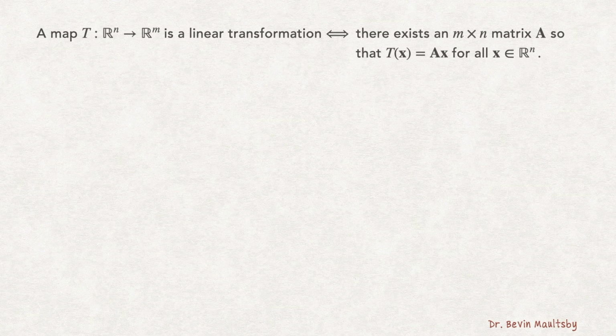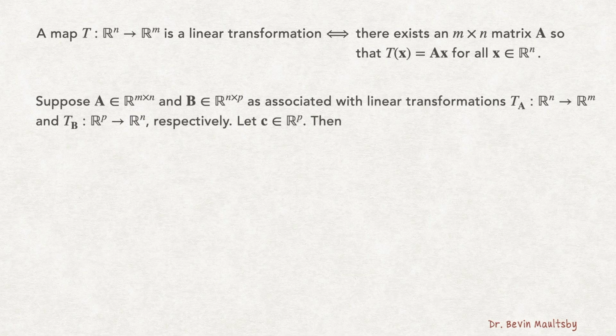In particular, I want to return to our study of matrix multiplication. Suppose that we have two matrices A and B. A is an m by n matrix and B is an n by p matrix, so we know we can do the matrix product A times B since their inner dimensions match.